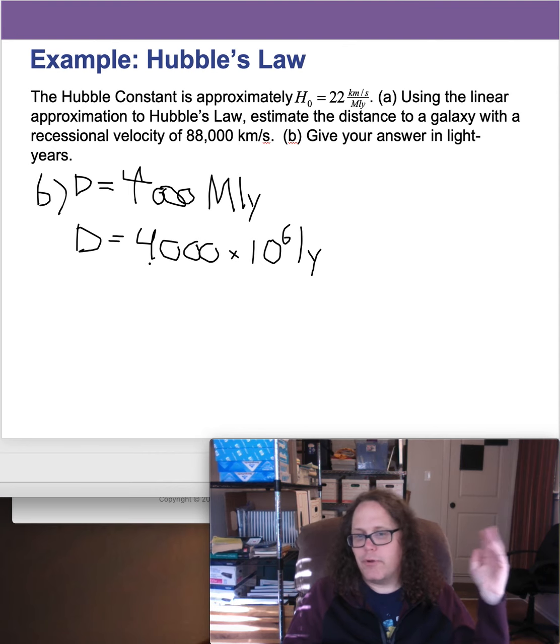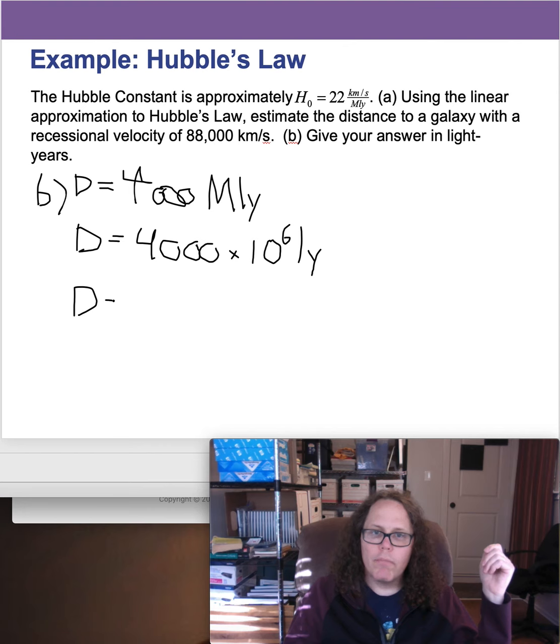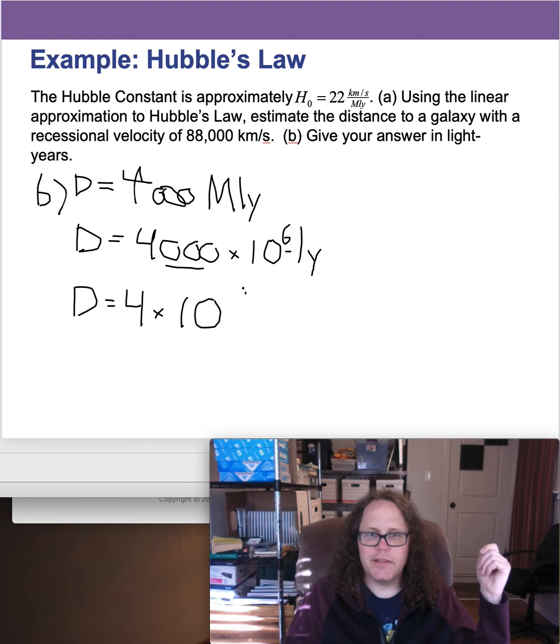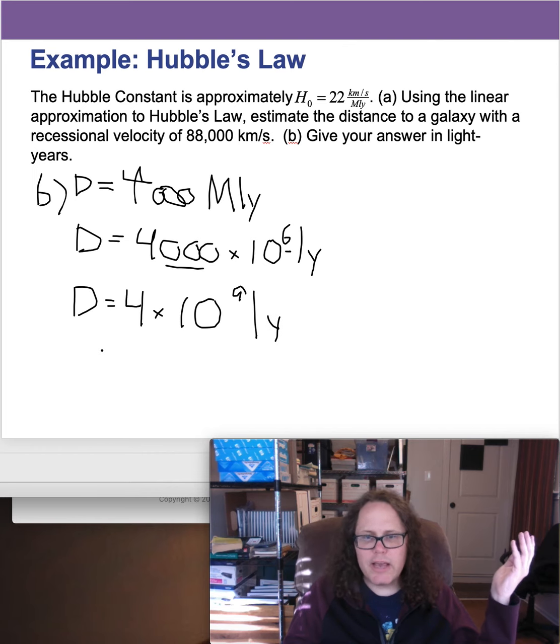Now, you can put that in your calculator and come out with a number. Or you can recognize that 10 to the 6th is one with 6 zeros after it. So 4 times 1 is 4. You have 3 zeros here, 6 zeros here for a total of 9 zeros. So that's 4 times 10 to the 9th light years. Equivalently, maybe you put it in your calculator and it gave you a decimal, so that's just 4 billion.